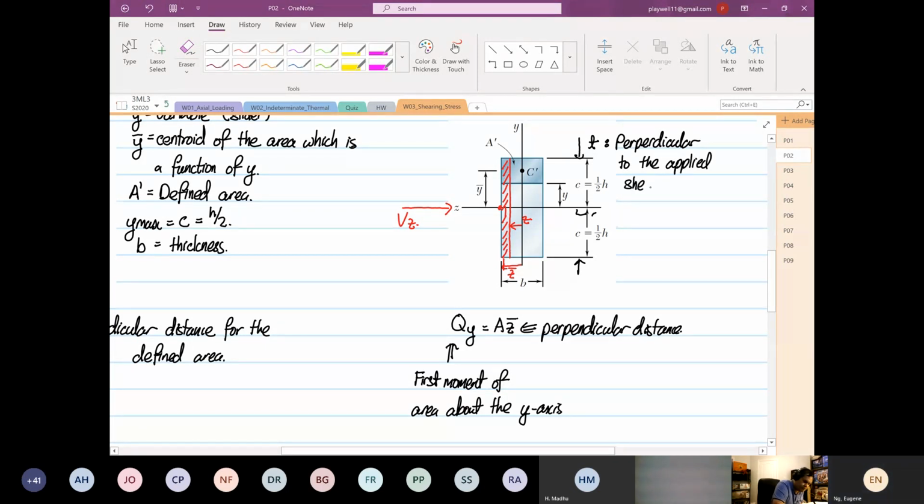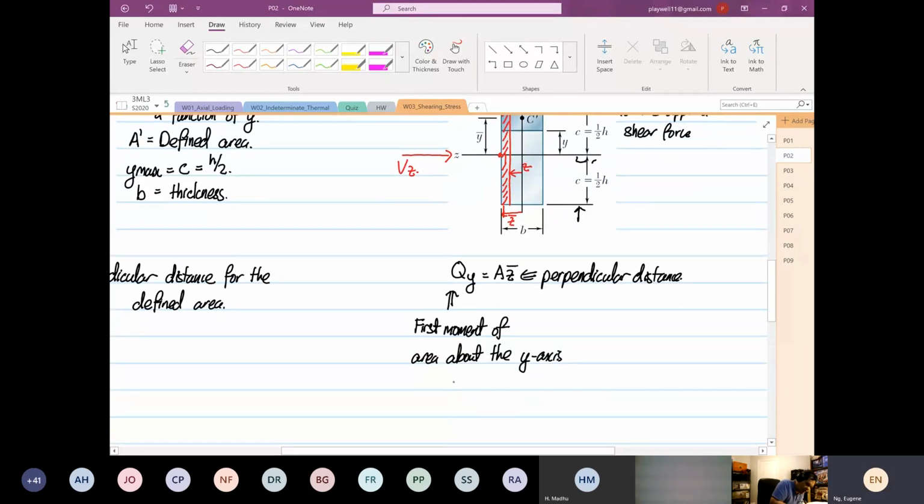So now your thickness over here, your T is equal to what? It's equal to 2C, or it's equal to what? H now. So you see the difference now.